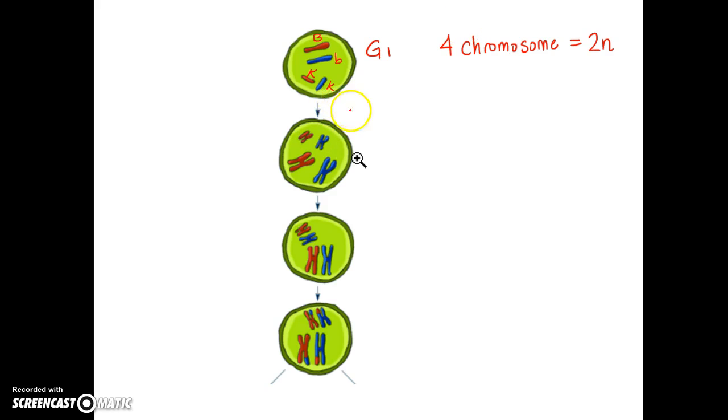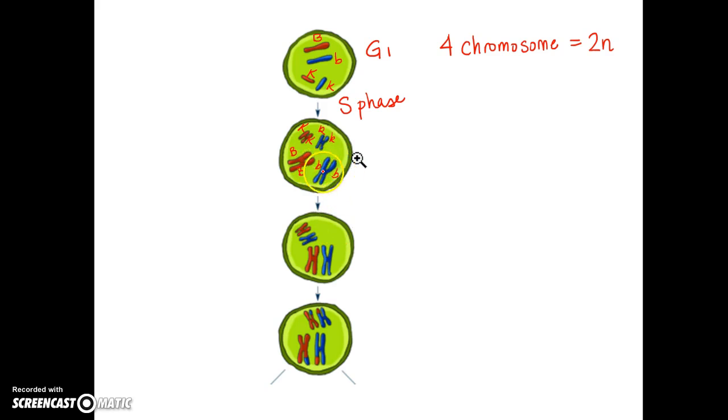Now we're going to go through S phase and duplicate the DNA. So these are these little short guys. That's going to be big K, little k, little k, and big B, big B, little b, little b, like that.